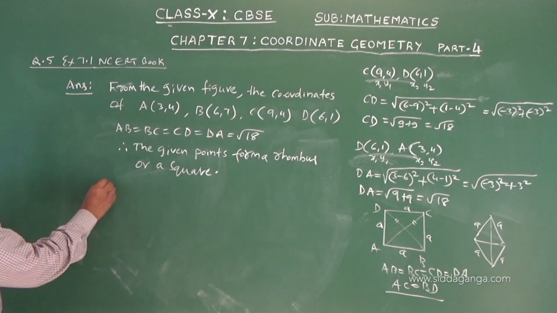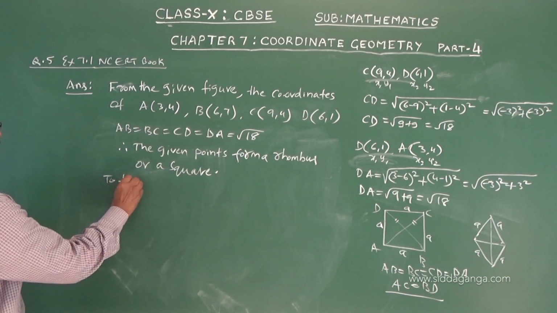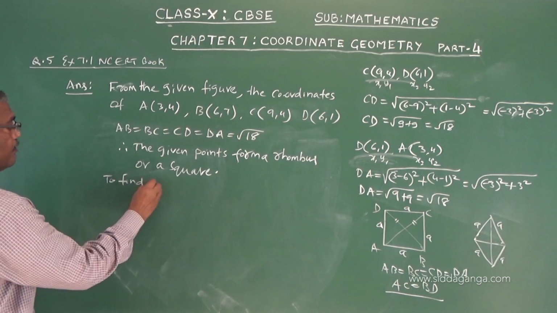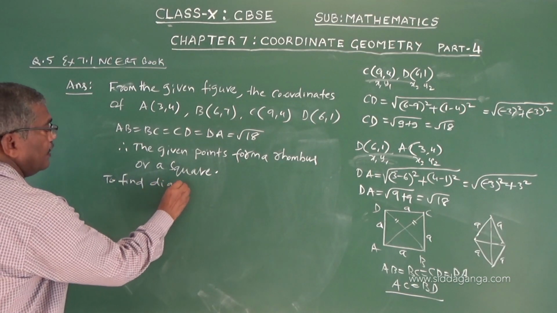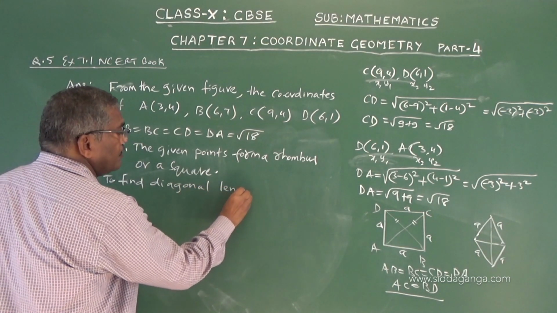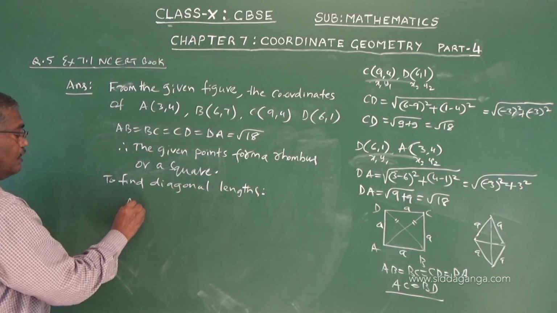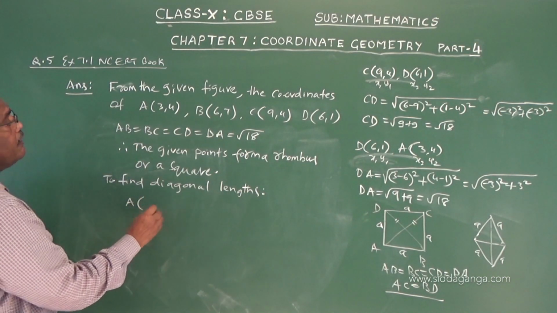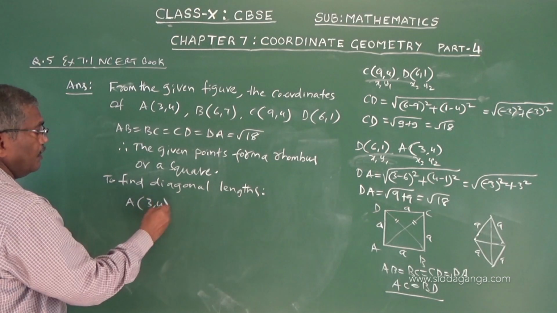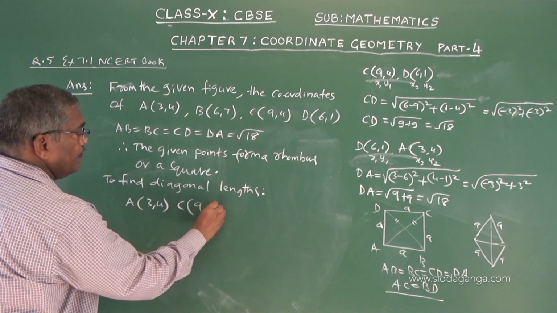So now I will find the diagonal lengths. AC we have to find. So I will take point A (3, 4) and C (9, 4).